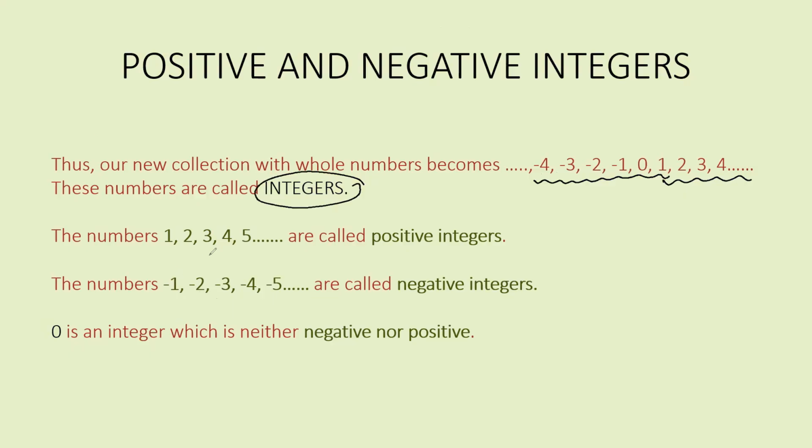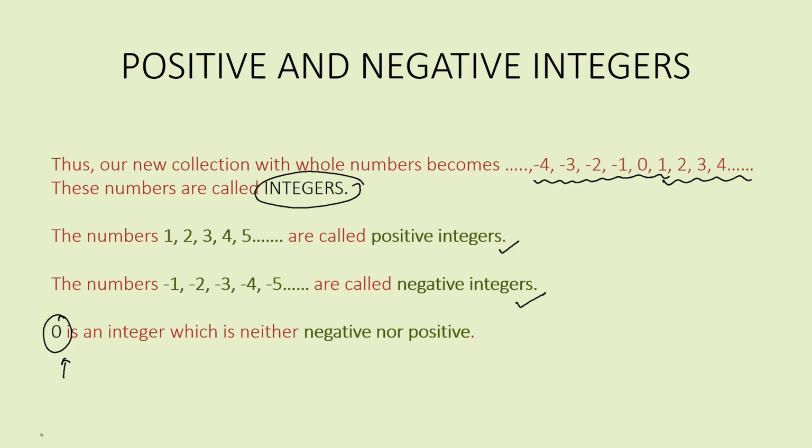Now, the numbers 1, 2, 3, 4, 5 are positive numbers and they are called positive integers, whereas the numbers -1, -2, -3, -4, -5, and it goes on, are called negative integers, because they have a negative sign or notation with them. Now, the number 0 is an integer, but it is neither negative nor positive.